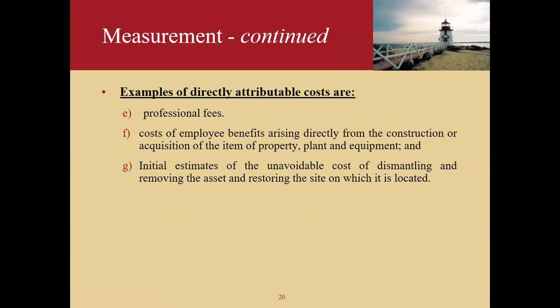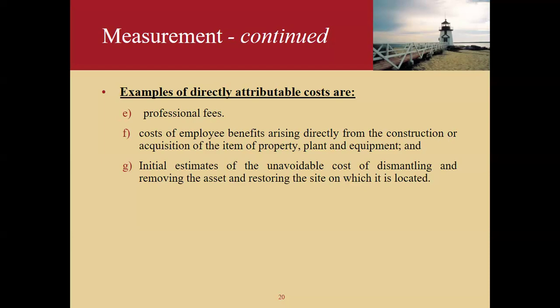The other is professional fees. You can be setting up your property, plant and equipment and you don't know how to use it, and you have to bring in professionals to help you set it up, install it, and you have to pay them some money, or to teach your employees how to use it, train them. Then costs of employee benefits arising directly from the construction or acquisition of the item of property, plant and equipment.